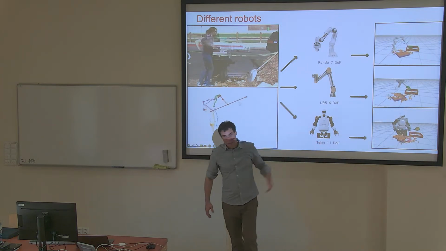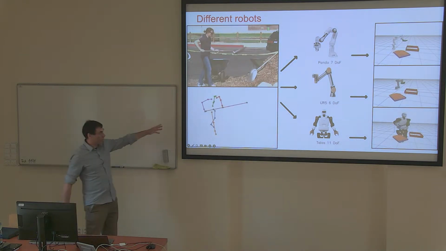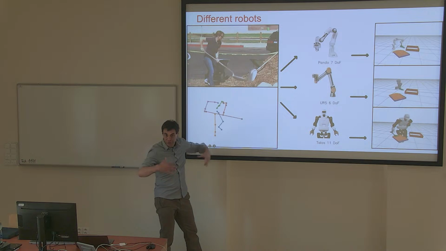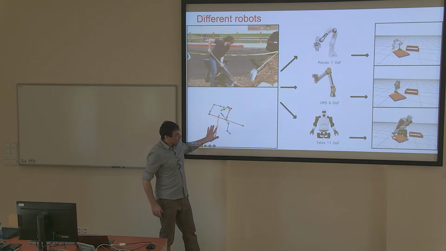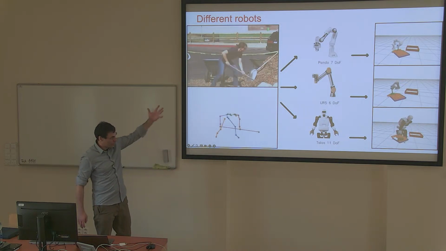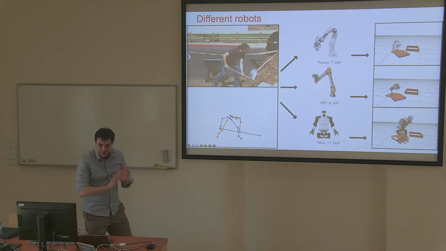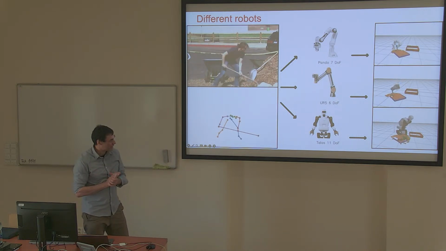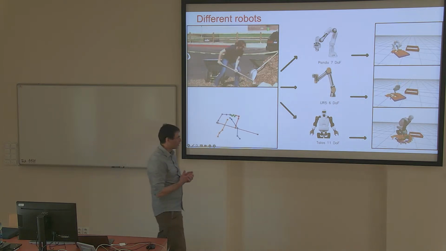The same algorithm, trajectory optimization, can be applied to these robots, because we forget the person and only use the video to find the tool motion. Then we can approximate the tool motion using different robots. So this was an example of extracting, or learning, motion from the video.